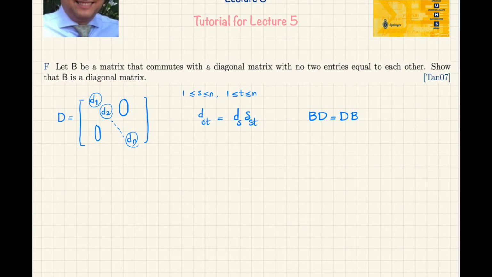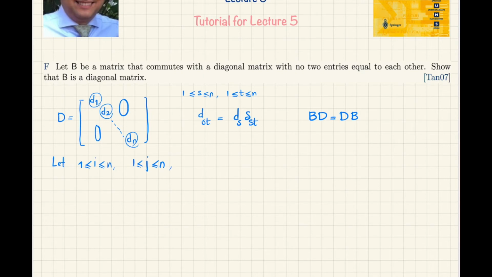So I would say, let i be an integer between 1 and n, and j be an integer. Of course, if these two matrices are commutative, it means that B is also an n by n matrix, yes? So j is also between 1 and n. So let me take i, an integer between 1 and n, j, an integer between 1 and n.